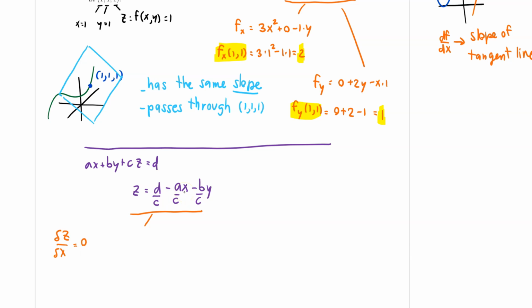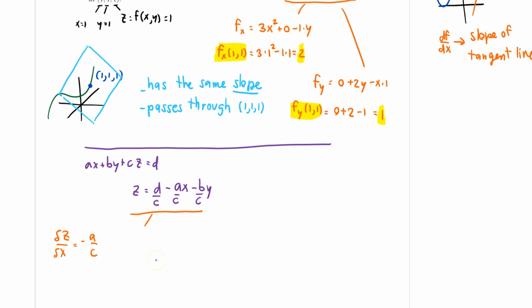So the derivative of that is just going to be a over c. And then minus b over c y here is just one big number, so it's just a constant, so the derivative would just be minus 0.